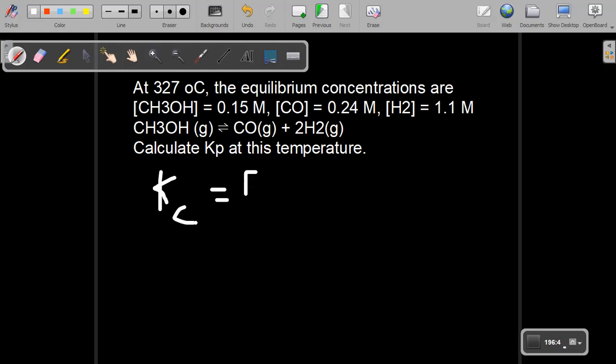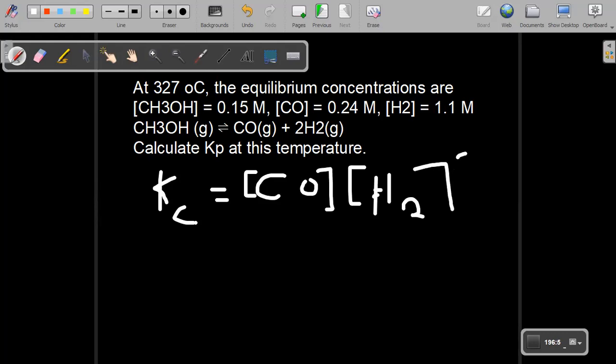We have carbon monoxide raised to its stoichiometric coefficient of 1, then the hydrogen gas, which has a stoichiometric coefficient of 2, so it will be 2 squared. Okay, divide by what? We're supposed to divide by the reactants.